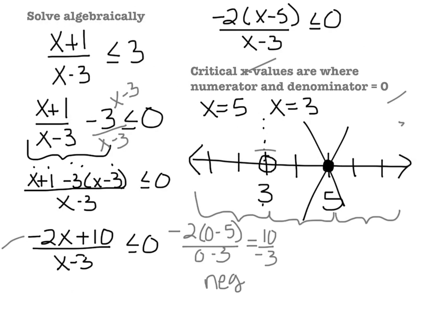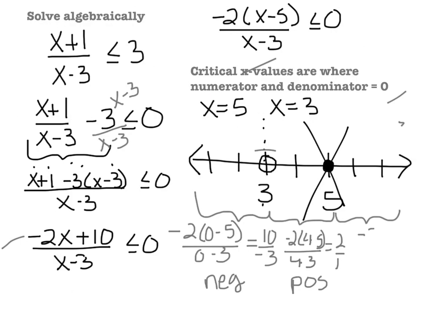All right, let's plug something in between 3 and 5, like 4. So we'll go -2 times (4 - 5) over (4 - 3), which gives you positive 2 over positive 1, which is positive. And then something greater than 5, so like 6.